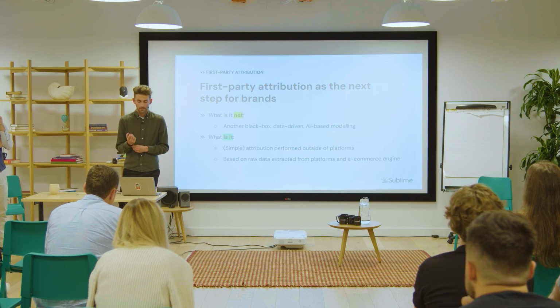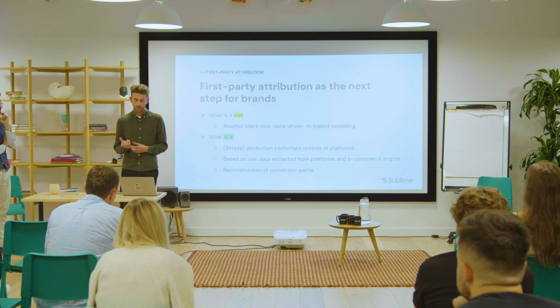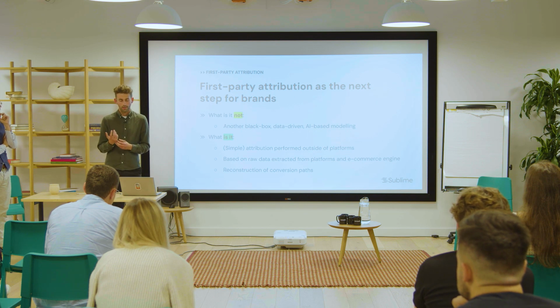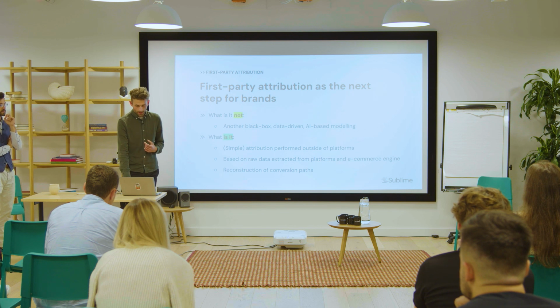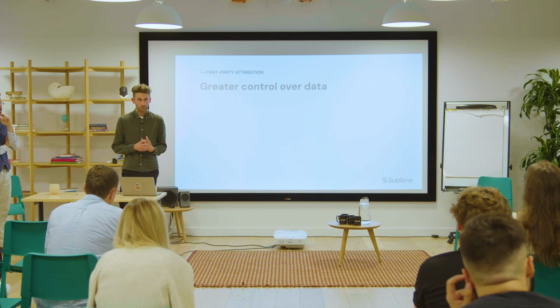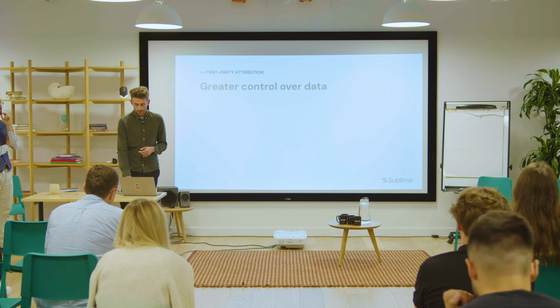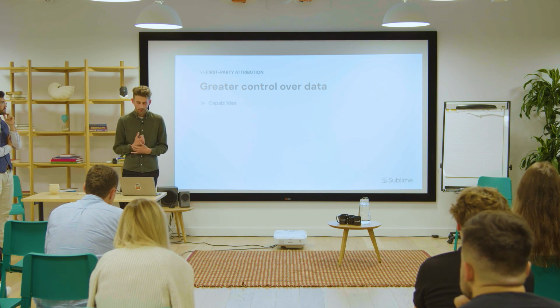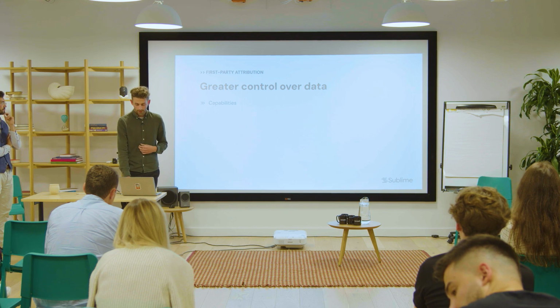So raw data is extracted from those platforms, from the e-commerce tool. And based on that data, we try to reconstruct the conversion paths of customers. And if we do that, what we gain is a much bigger control over our data, which can be translated into new capabilities.